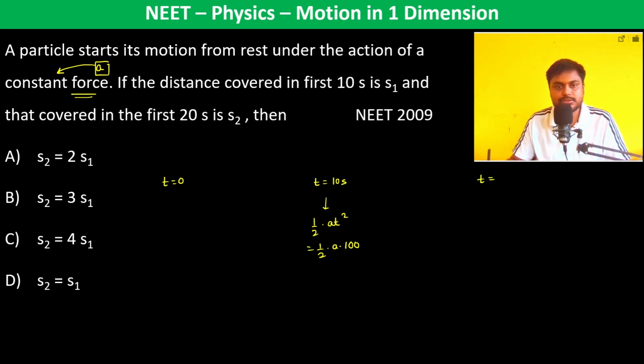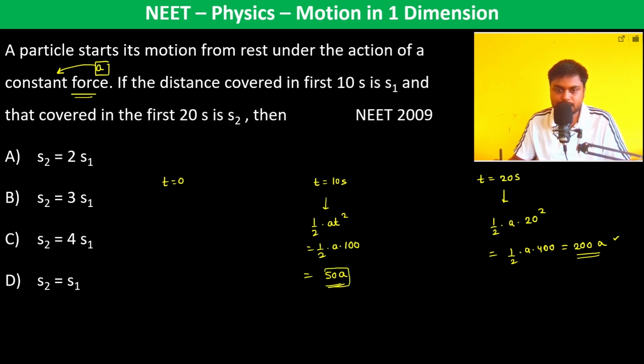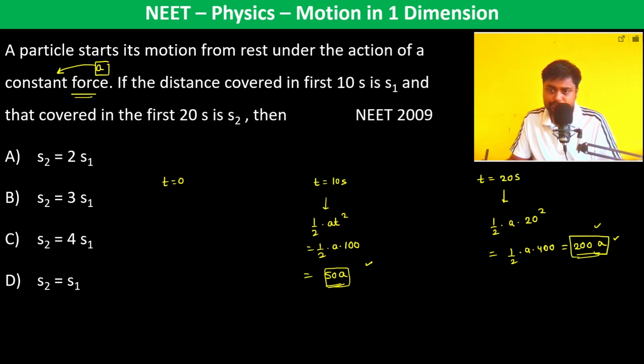At t equals 20 seconds, it has covered half a into 20 whole square, which is half into a into 400, which is 200a. So this is s2, this is s1, so s2 equals 4 s1.